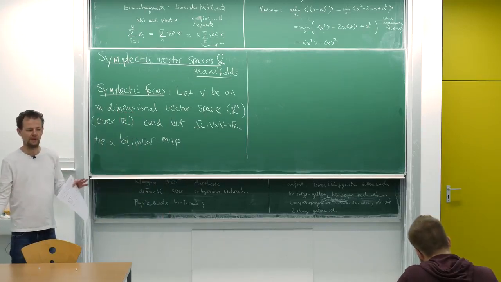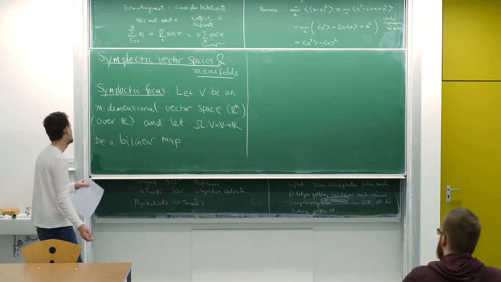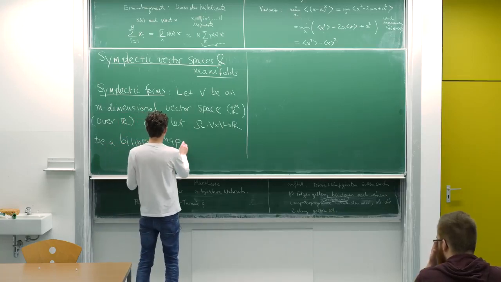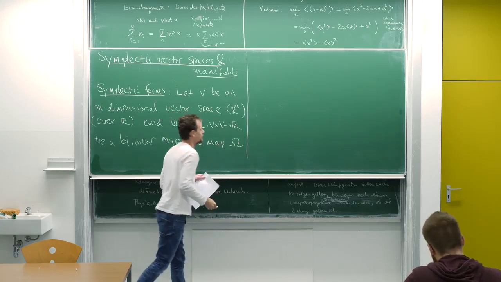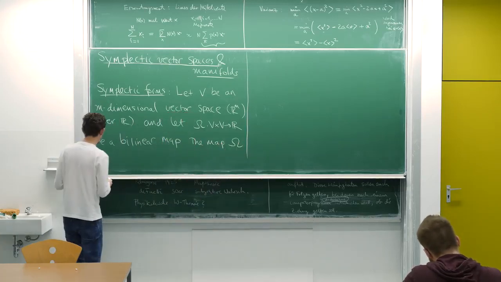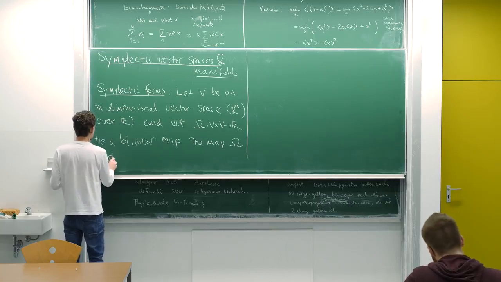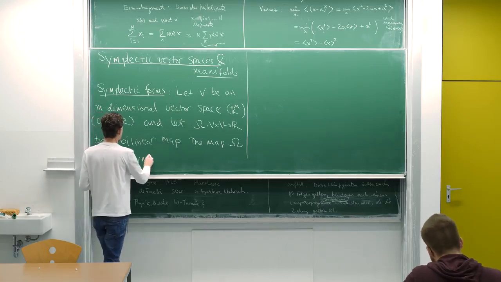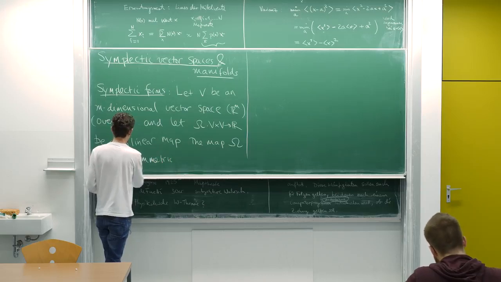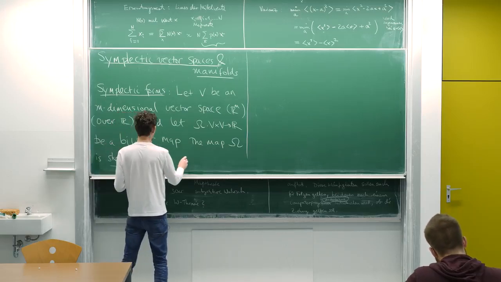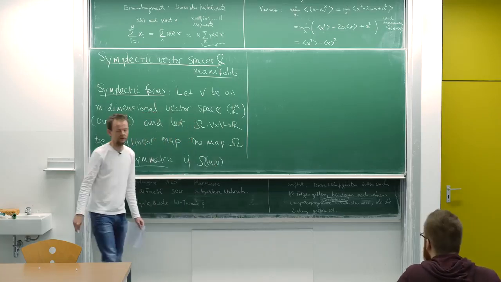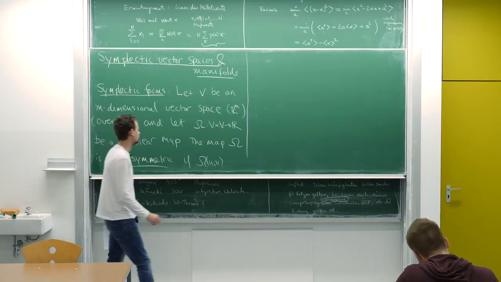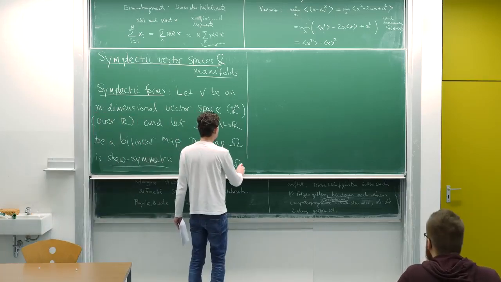This is the prototype of all the objects we're going to study in the rest of this course. It's going to be a bilinear map, but it's not just any old bilinear map. It's going to be skew symmetric. It's skew symmetric if, when you put in a vector in the first argument, a vector in the second argument, that's always equal to minus if you did it the other way around.